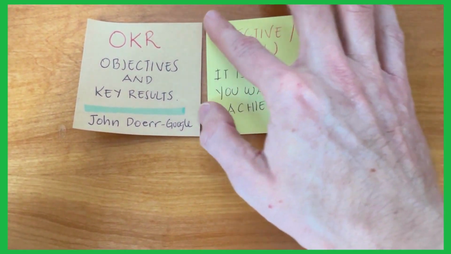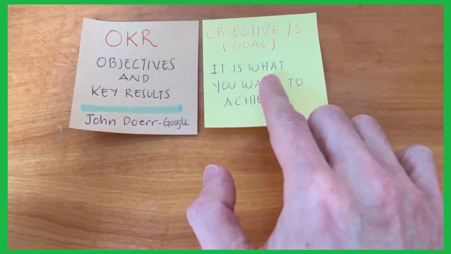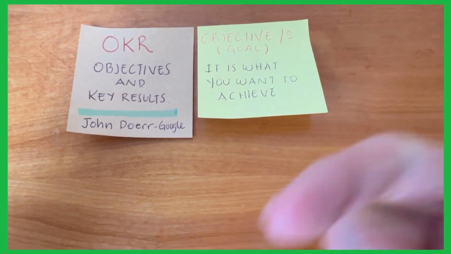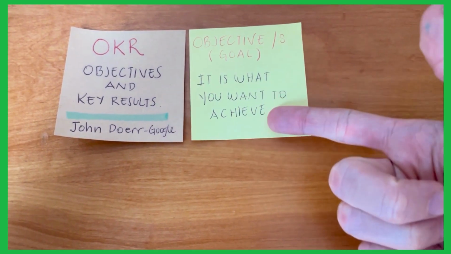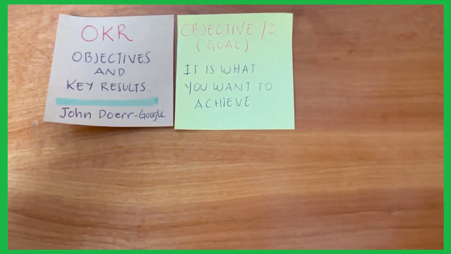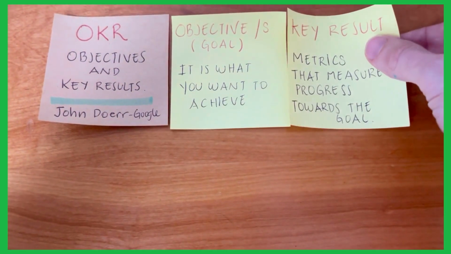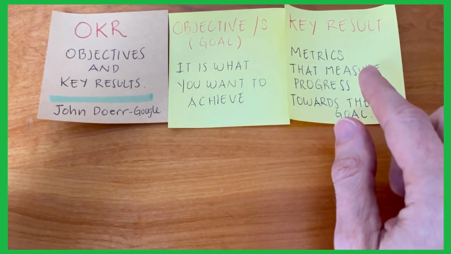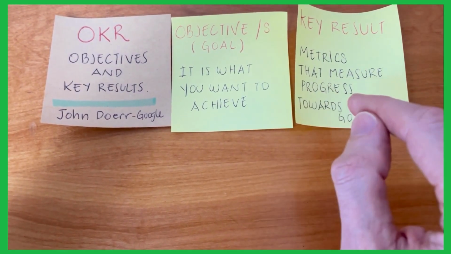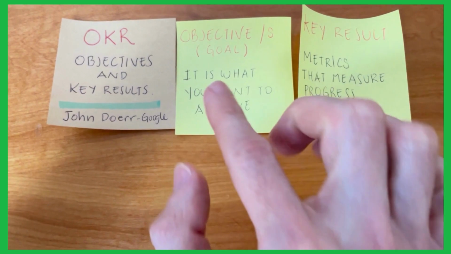Basically, objectives are specifically what you want to achieve in a project, what you want to achieve in a business. You can even apply OKR to your personal life. And then you have key results. Key results are basically metrics that help you to measure the progress towards the goal that you want.